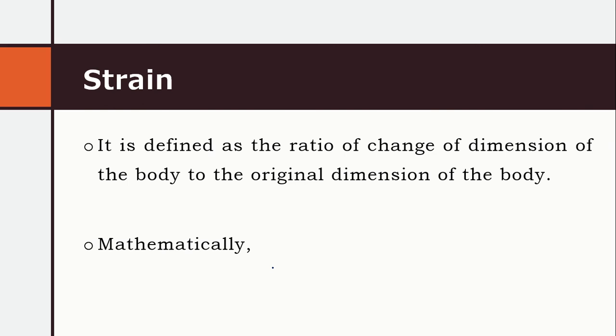And we mathematically define strain as change in dimension to original dimension. So when we are saying it is deformed, its original shape is changing, correct? So that change in the shape by the original shape is called as strain. Okay, it could be any dimension.